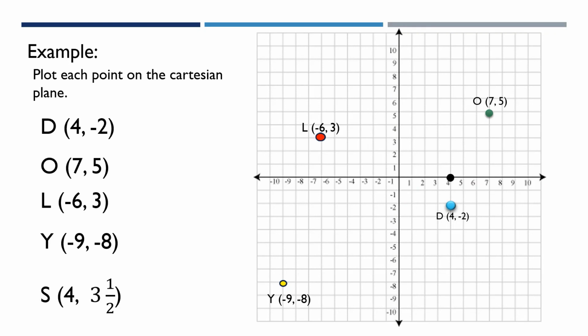Then, since the y value is 3 1/2, so we will move 3 units and a half upward. Meaning, hahatiin natin yung unit between 3 and 4. At doon natin ilalagay yung point. So, nasa pagitan ng 3 and 4 on the y value. And that is our point S with the coordinates 4, 3 1/2.